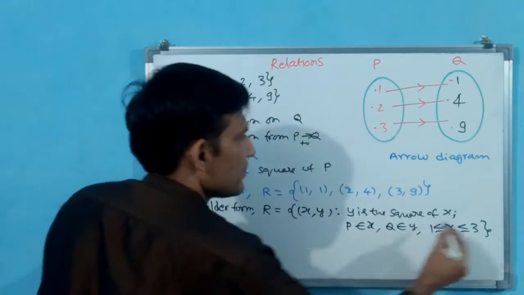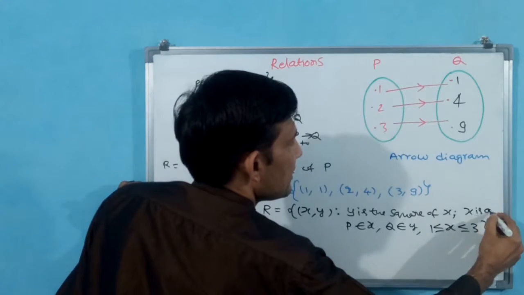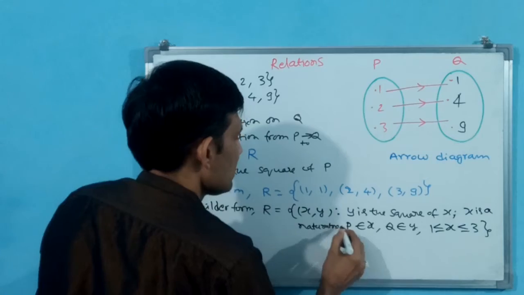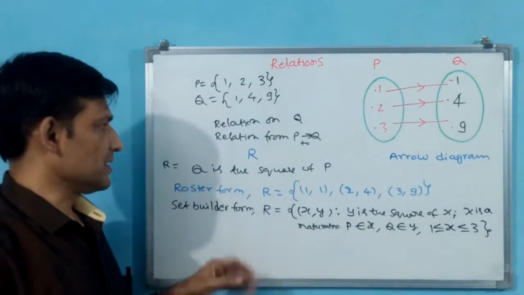Even you can write x is a natural number. See, this is the set builder form of representation.